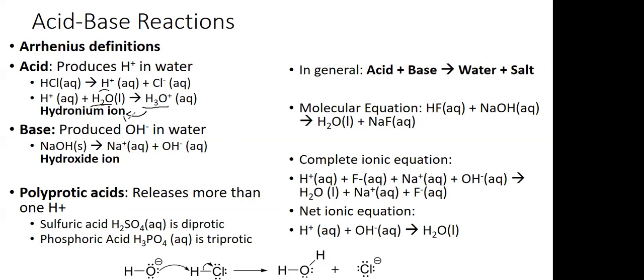So that's what an acid does. It creates hydronium ions. While what a base does is that it produces hydroxide ions in water. So a base will break down to create OH minus. So that's what a base is, it produces OH minus in water.